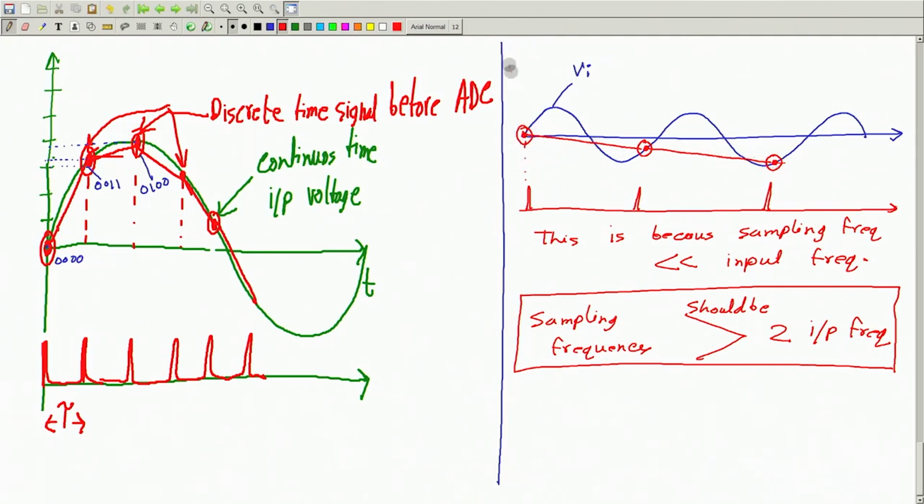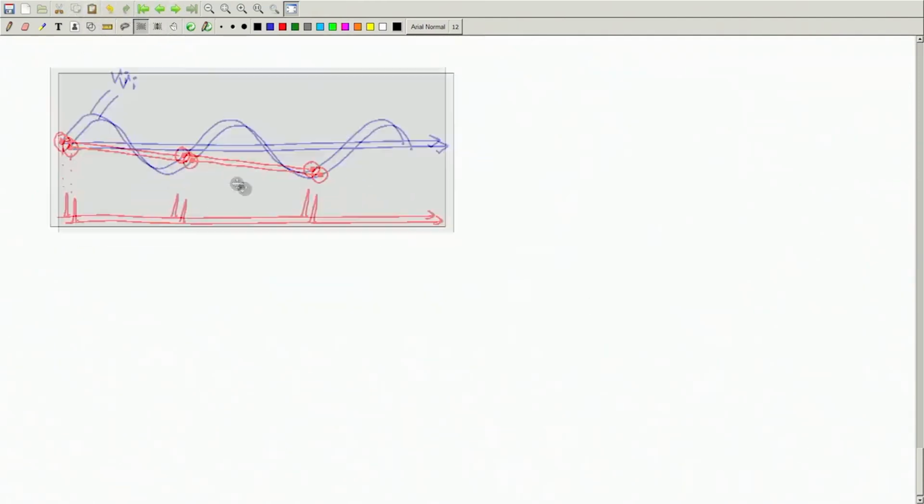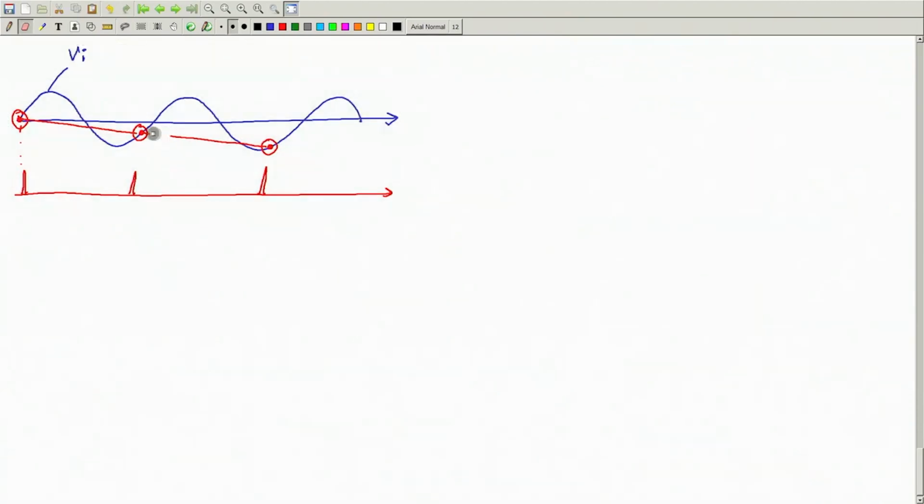Let me just demonstrate it very quickly. This blue curve is the input signal, and now I will sample it at say 4 times the input frequency.